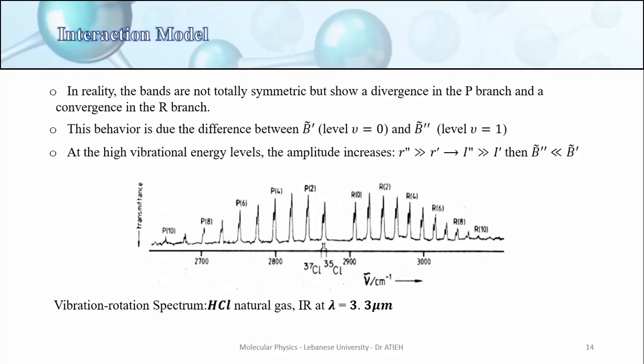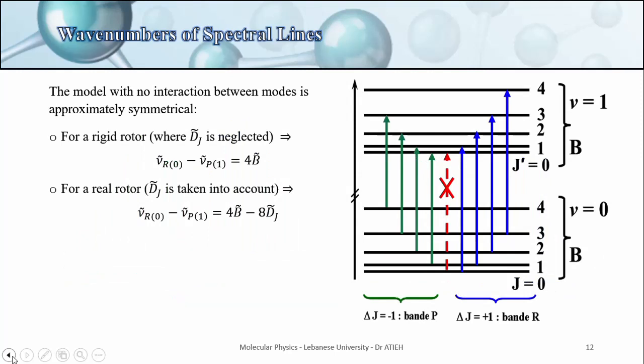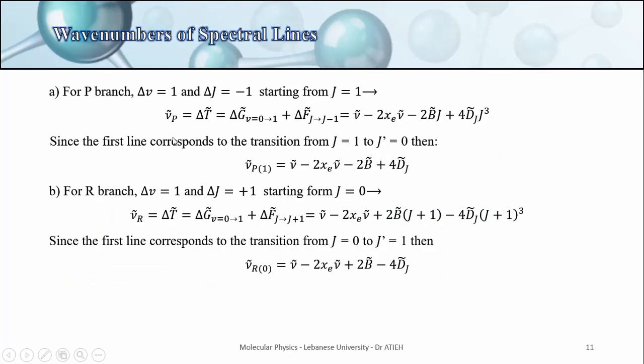Now, using the quantized energies, we were able to calculate the wave numbers of spectral lines. We found two groups of these lines, one corresponding to the R branch and one corresponding to the P branch. So, going back to their expressions, this expression corresponds to the wave numbers of the P branch.